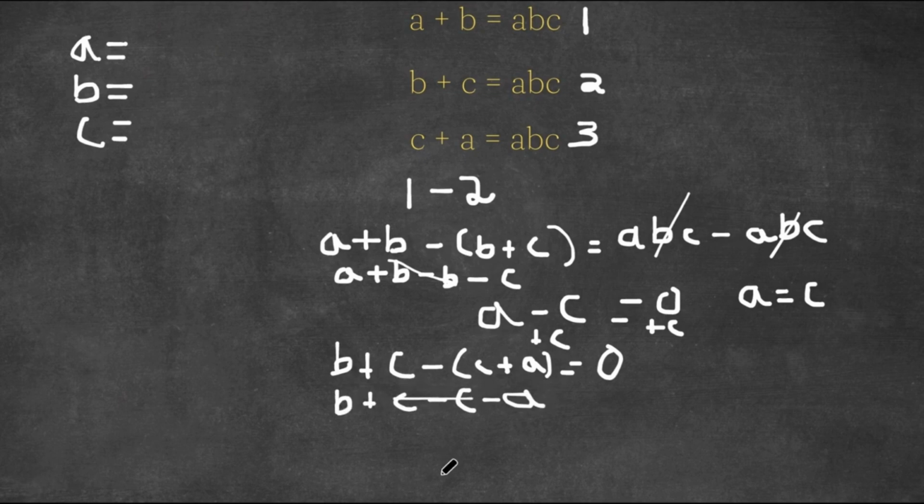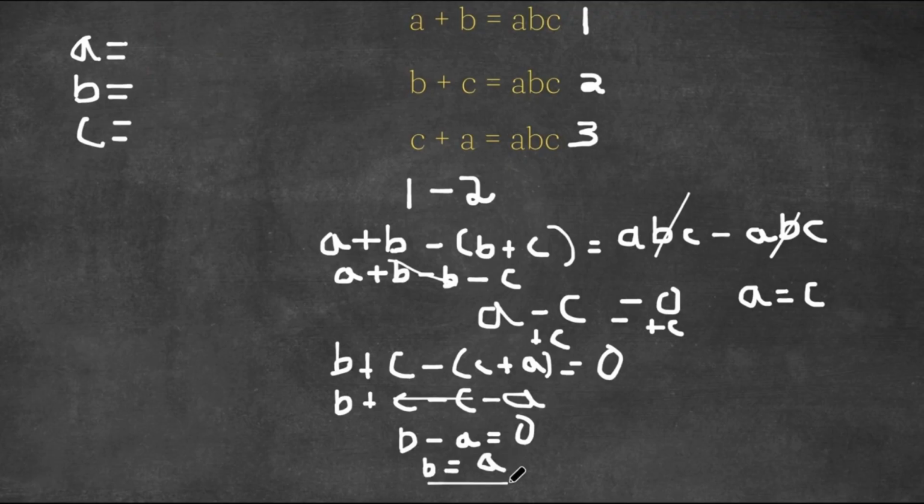These two cancel out, so now we get b minus a equals 0. And if we add a on both sides, we get b equals a.